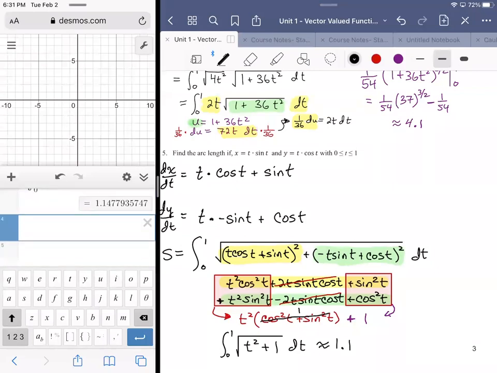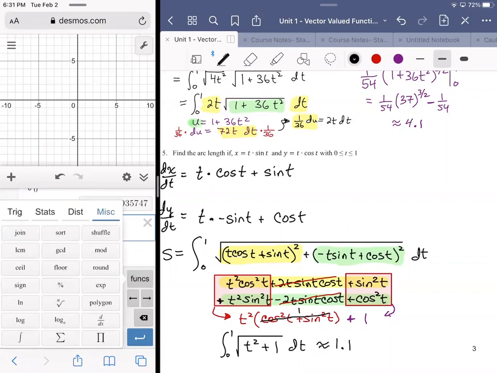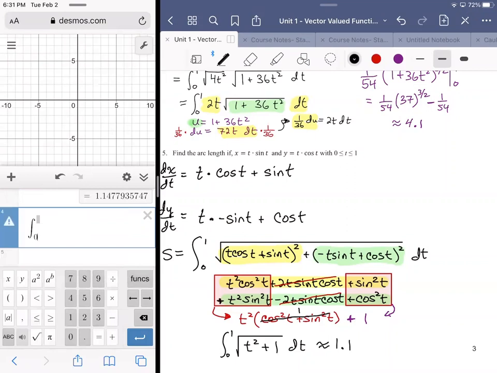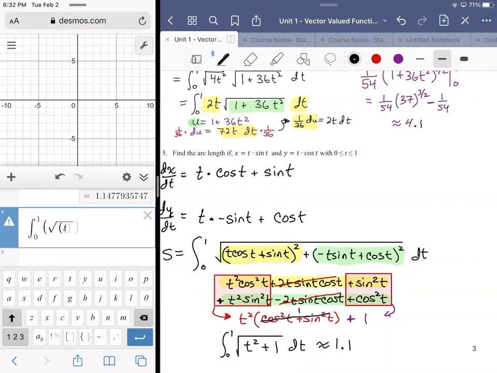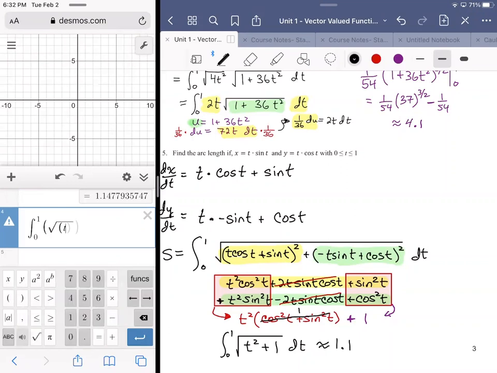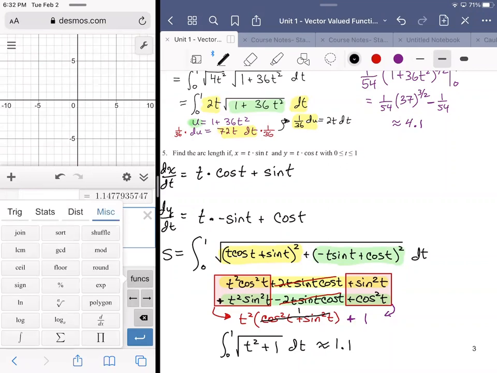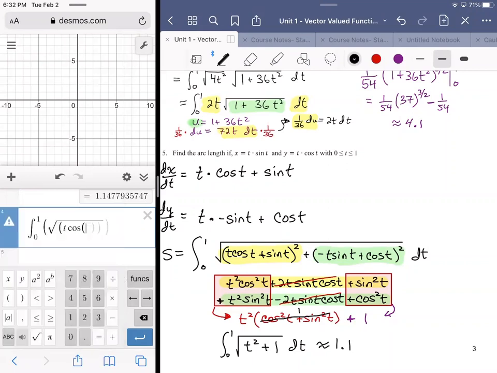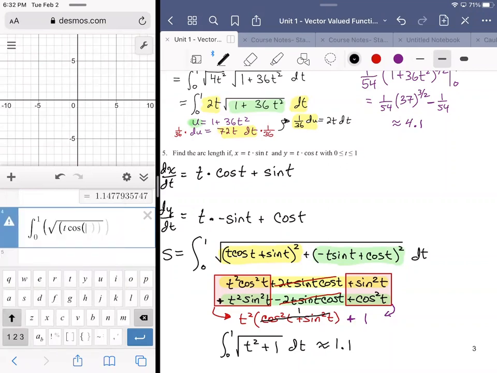So let's try something else here. 0 to 1, open parens, open radical, open parens again, t, cosine, t, got parens everywhere.